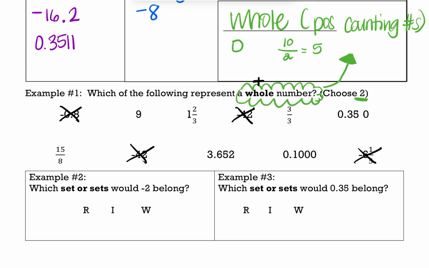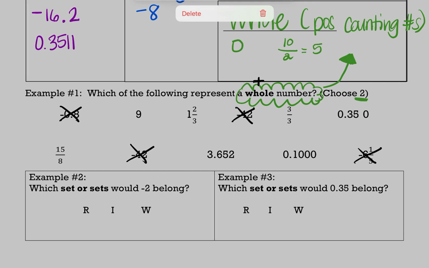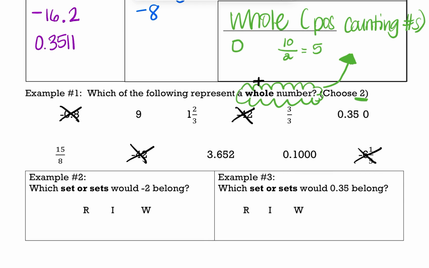And then the second thing I'm going to eliminate is anything that has a fraction or decimal part. So let's see, this one has a fractional 2/3. I'm going to leave this one because I'm not sure. Like this, I need to divide. Over here, I can see 0.35 is a decimal.